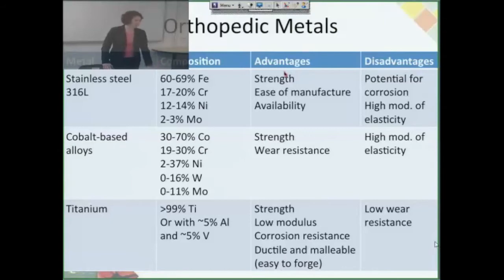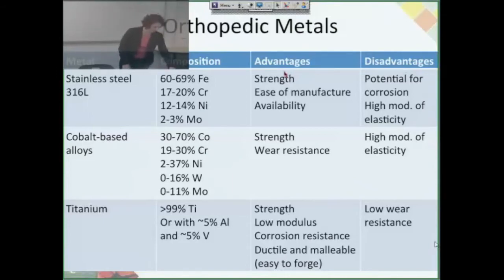Titanium has a lot lower modulus than the other two, but it's actually still higher than cortical bone, so you still have a mismatch of properties. And some of the titanium has a little bit better corrosion resistance, which we'll get into later. But yeah, these are just some of the things that you need to consider: resistance to wear, stuff like that.